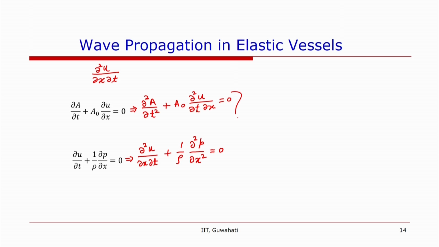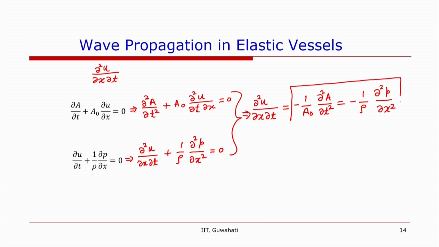So from these two equations, if we equate the two values of del 2U over del X del T, then what we will get is minus 1 over A naught del 2A over del T2 is equal to minus 1 over rho del 2P over del X2.